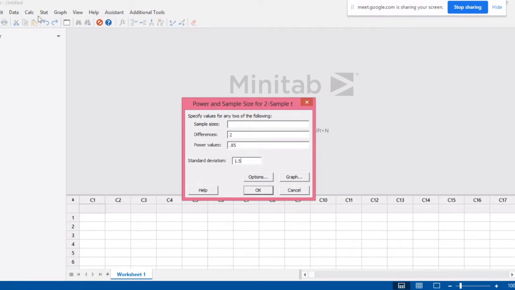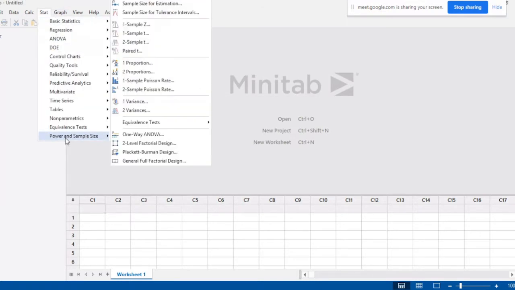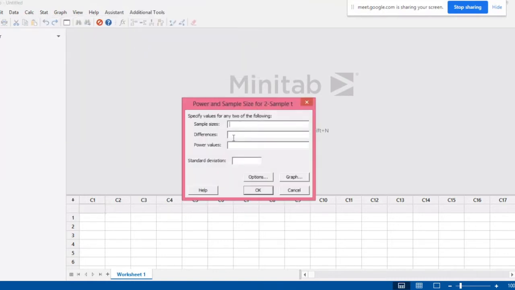Again, I will repeat. You have to go to Stat, power and sample size, and two-sample t-test. Has everyone followed this? Yes, sir. We want to calculate the sample size.